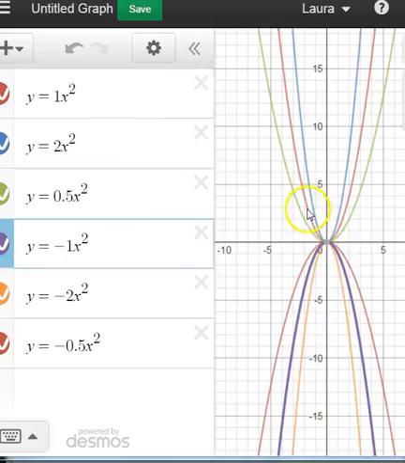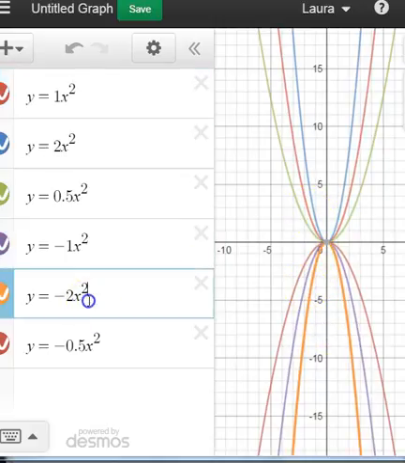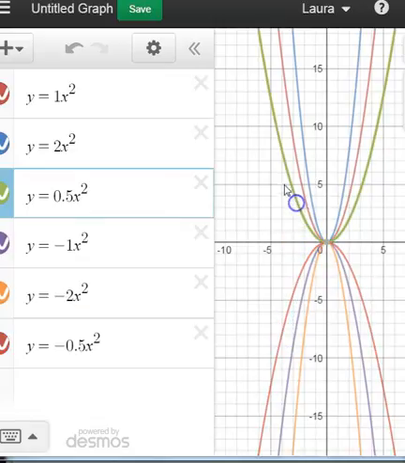But it looks like it's symmetrical to the original red graph. And then a negative 2 in front made it go down below. And then finally the negative 0.5 is the fattest thing, just like the green one up top. So can you see any conjecture? Can you come up with a guess how we are going to get the graph to be below the x-axis versus how we're going to get the graph to be above the x-axis?